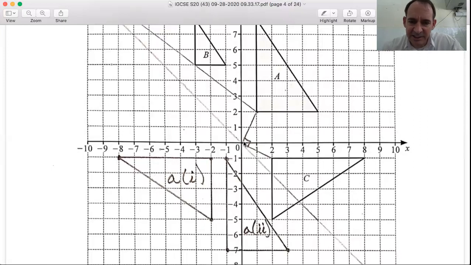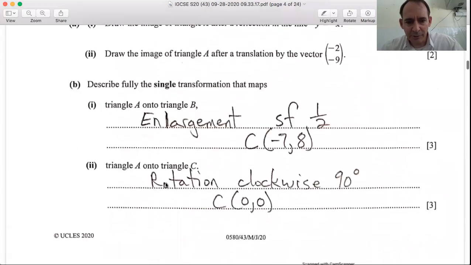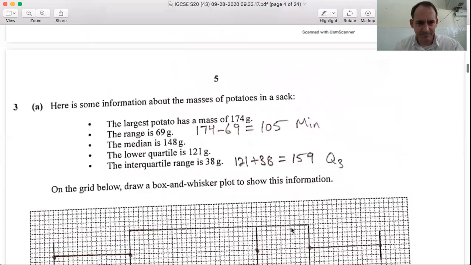Then we need our center of rotation. So what you want to do is make a 90-degree angle between any corresponding vertices. So if you look at where that 90-degree would be, the center is right at the origin. So rotation clockwise 90 degrees with the center at 0, 0, or you could say center at the origin.